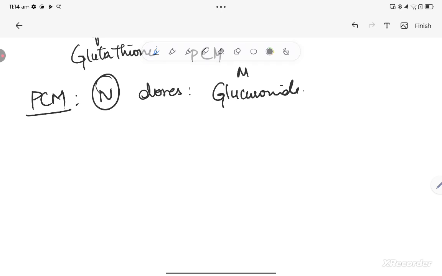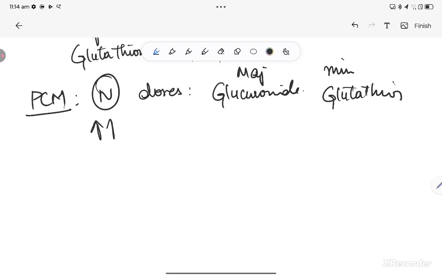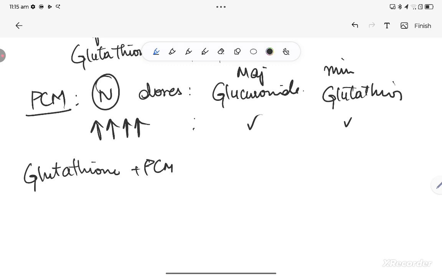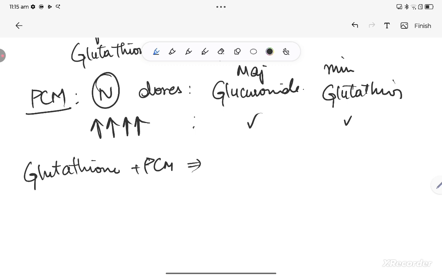But in very high doses, let us say he has taken some 30 tablets at a time, then both become major. Glucuronide becomes major, glutathione also becomes major. On glutathione conjugation of paracetamol, there is a problem: a small toxic metabolite forms from this. What should I tell you? This is too much for you right now. NAPQI, N-acetyl-p-benzoquinone imine, and all this.